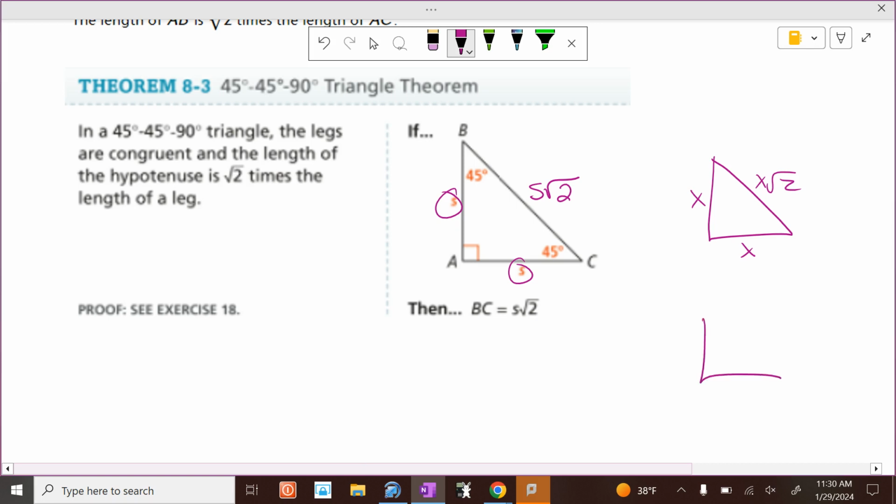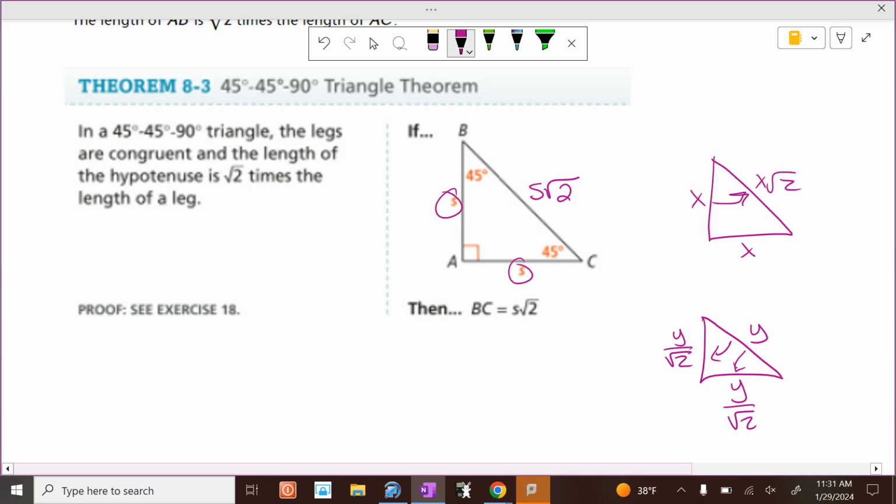Then, if you know just the hypotenuse, you divide by the square root of 2 to get to the sides. So both sides are the same in a 45, 45, 90, and you multiply by square root of 2 to get the hypotenuse. If you have the hypotenuse, you divide by the square root of 2.